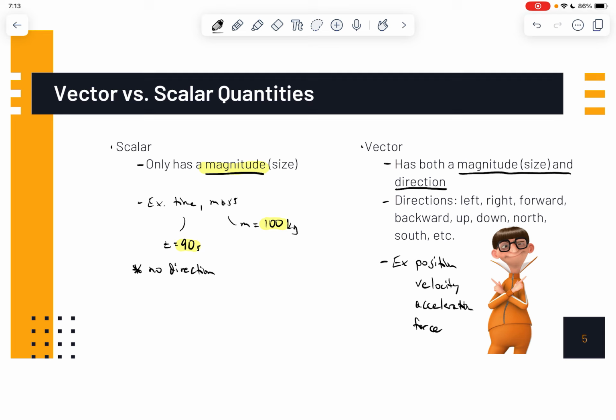So if we think about this, we have to have a direction. We can use our cardinal directions of north, east, south, and west. We might just refer to something as moving rightwards or leftwards, positive direction, negative direction, moving forwards, backwards. But the key thing is, if we're trying to describe an object's velocity, we might say our object is moving 65 miles per hour going north.